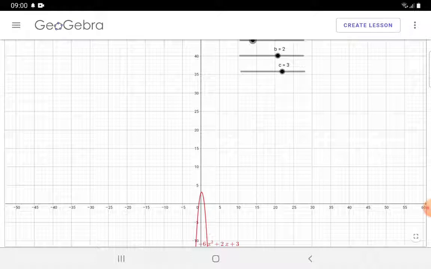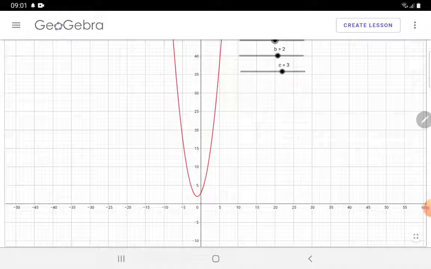However, when a becomes negative, our graph becomes maximum. And when a is less than negative 1, the width still becomes smaller. See?